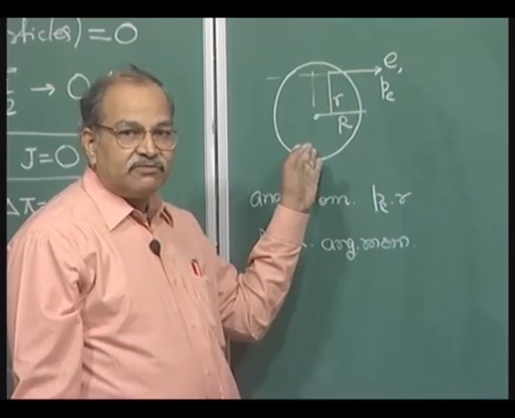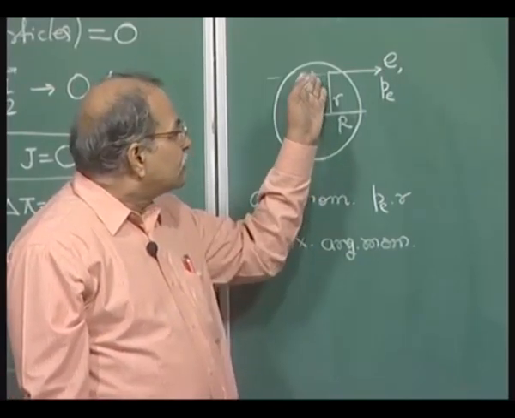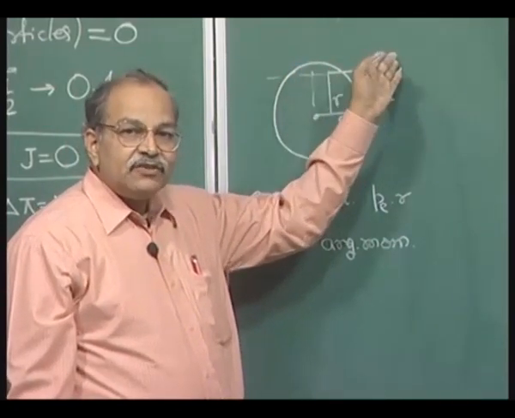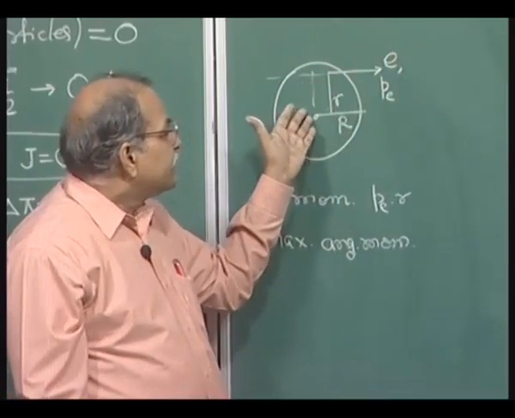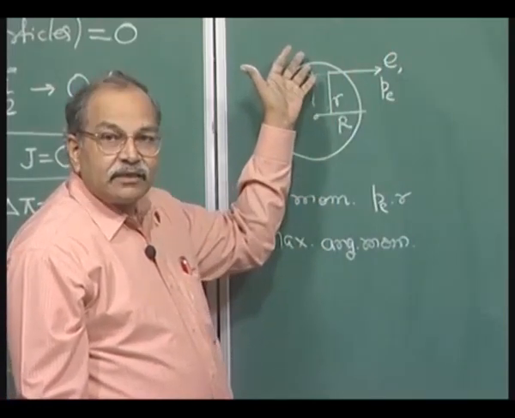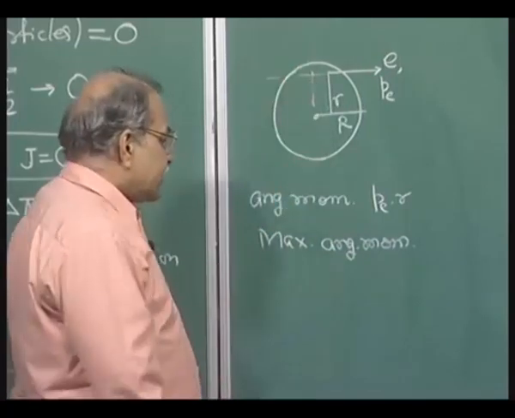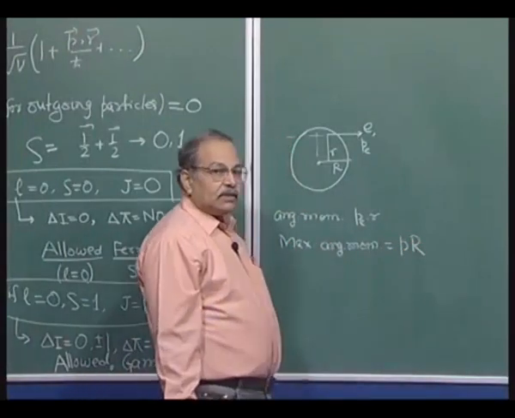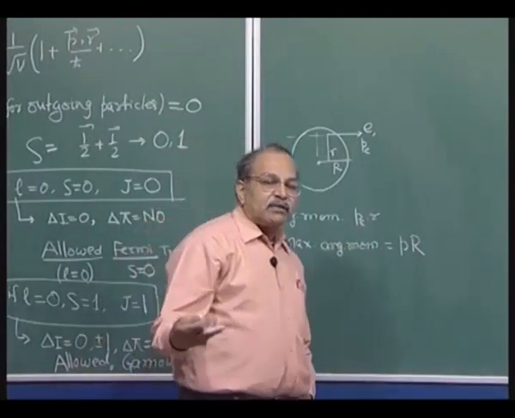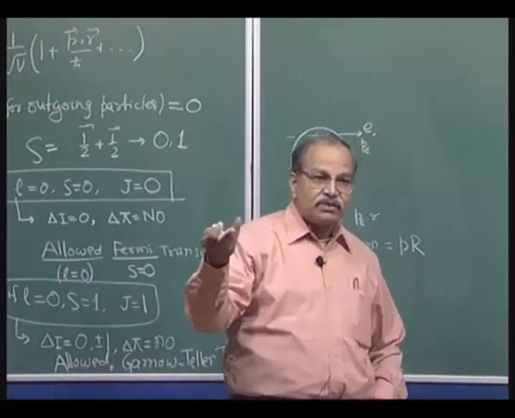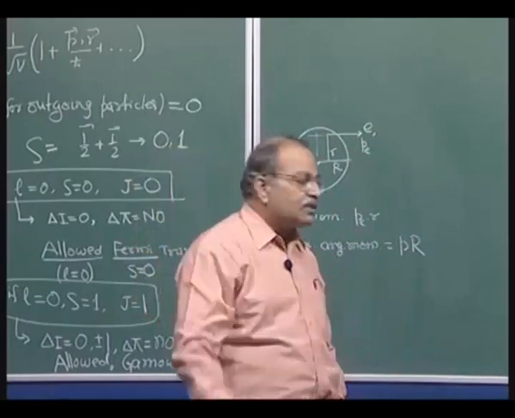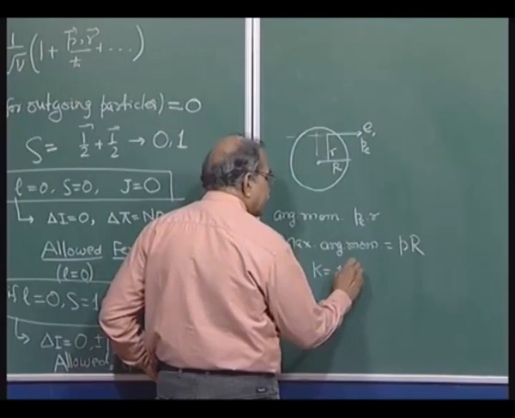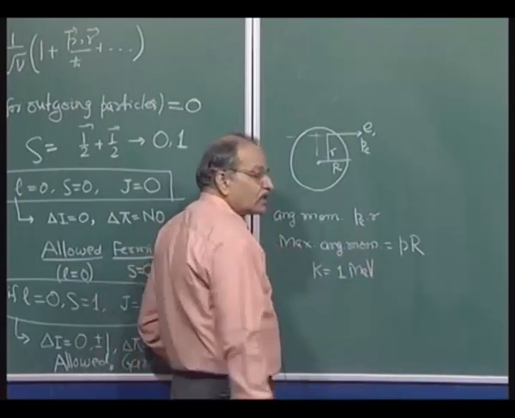So, maximum will be when it is created close to the surface and comes out in a direction which is perpendicular to the radius joining that location where it is created, and that is P into R. Now, typically beta particle kinetic energy will be around, say, in mega electron volt range. So, let us make calculations for kinetic energy equal to 1 MeV. Typical.